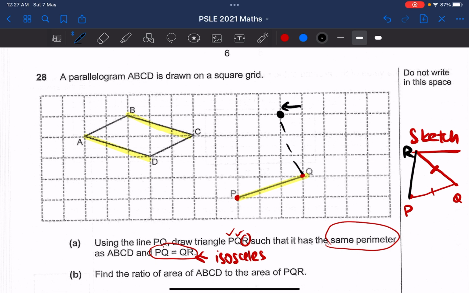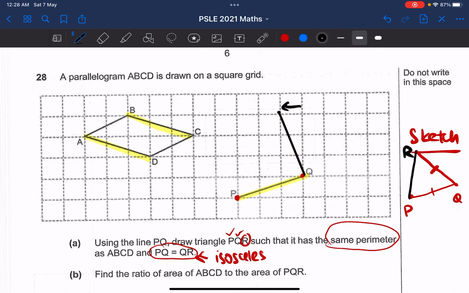Okay, so the line will be something like this. 3 steps. Okay, let me tidy up first. Okay, let me draw the straight line back in. 3 steps, and only 1 level up, like this.